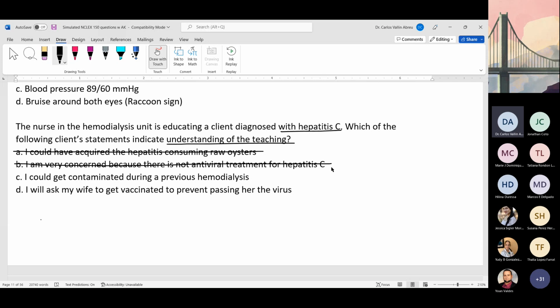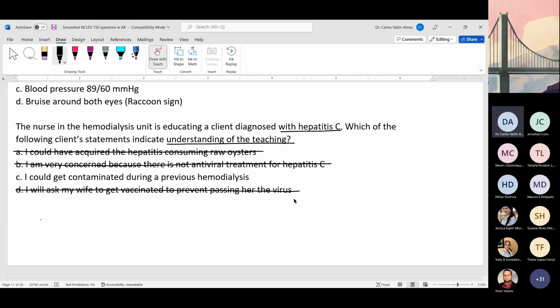Okay, so now we are left with these last two. Because I said there is no vaccine, can you rule out the last one? Yes, of course. So it must be option C. Can a person acquire a blood-borne virus in hemodialysis? Sadly, the answer is yes, because those viruses are very contagious, and sometimes there is some type of cross-contamination.